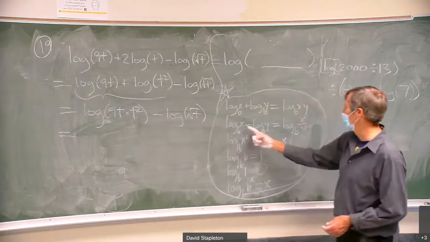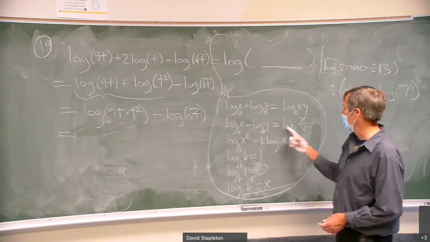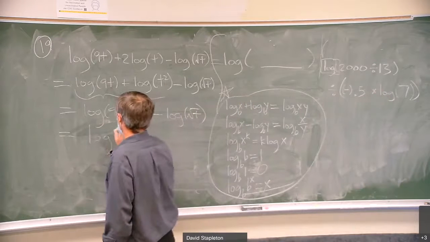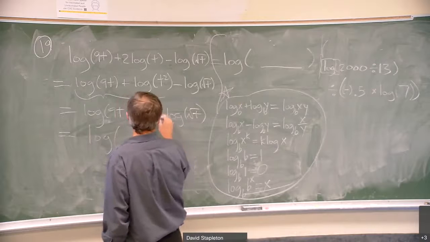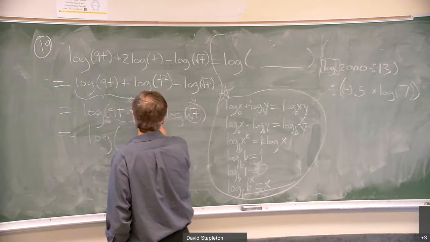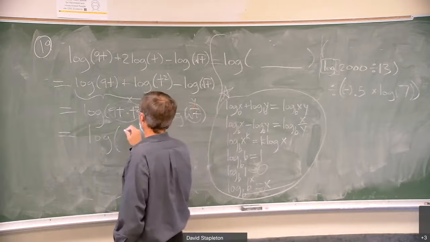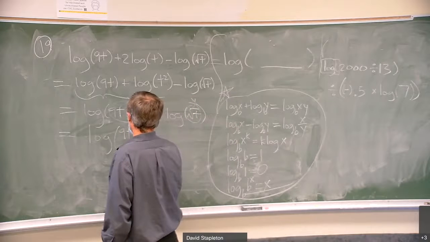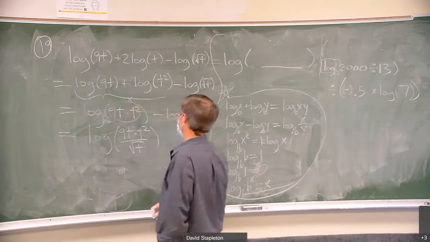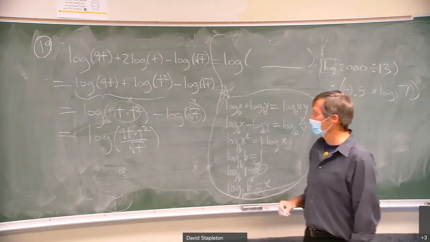I use the property for log minus log is log of the quotient, right? So I'll say this is log of this one divided by this one. I'm thinking of this as x, this is y. Log of x minus log of y is log of x over y. Log of 9t times t squared over square root t. There it is, a single logarithm.